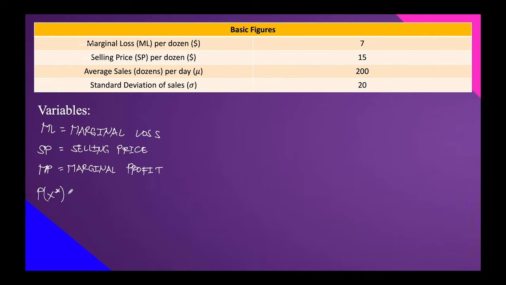I hope you still remember this variable. This stands for the probability of optimal stock. Okay? Probability of optimal stock.